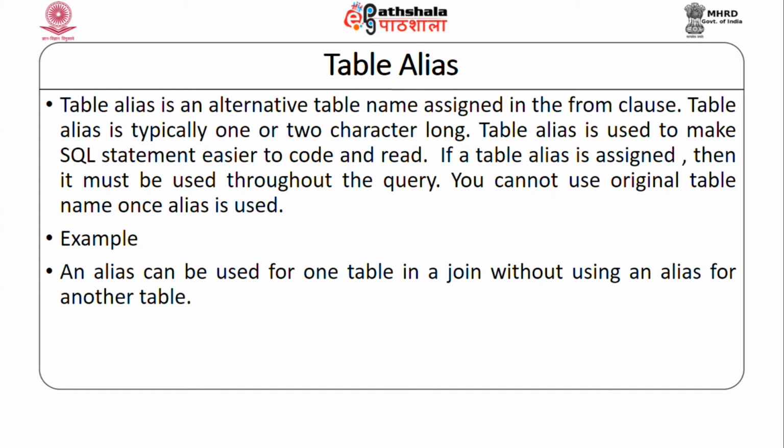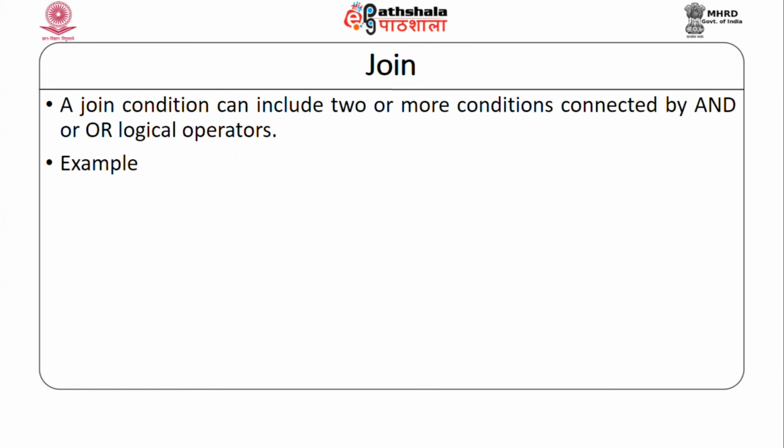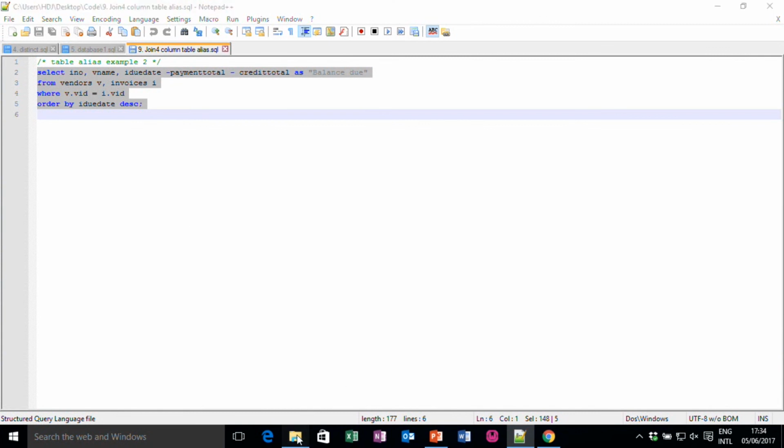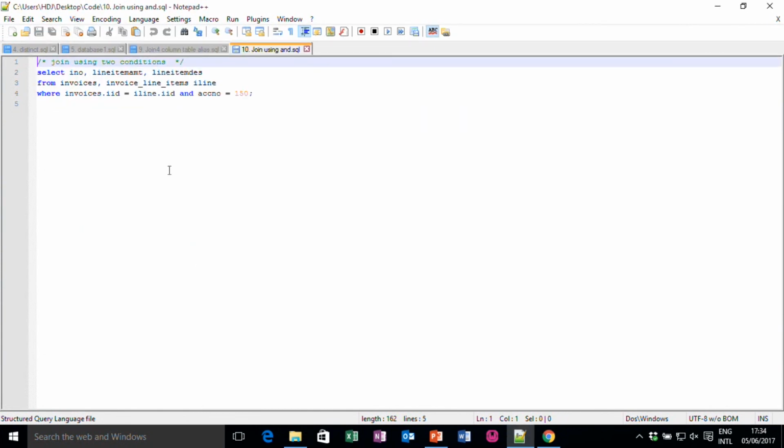An alias can be used for one table. Now, a join condition can be used to combine more than one condition. You can use any logical operator also. Say for example, I apply a join using an AND condition. Let me give you an idea by showing the code.